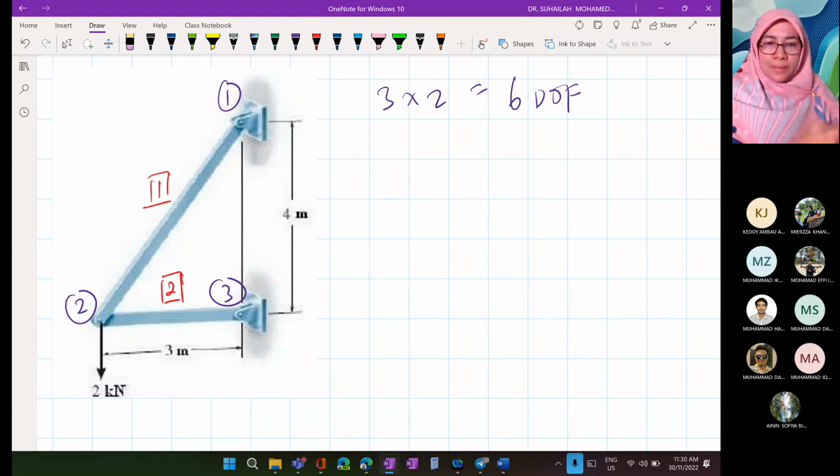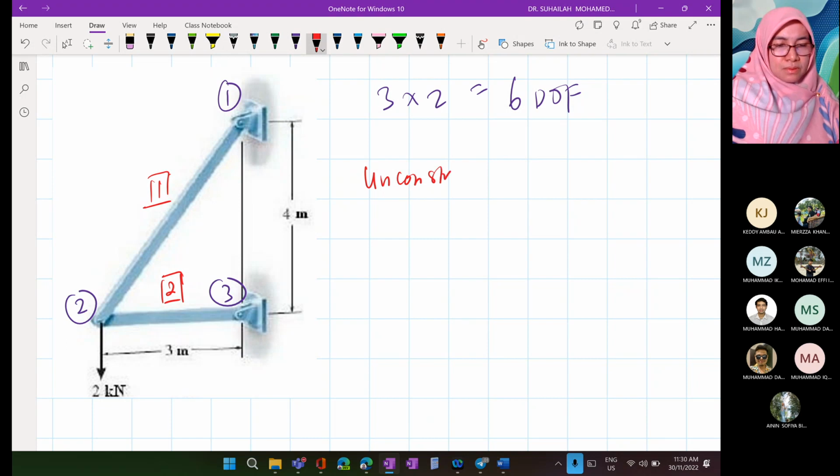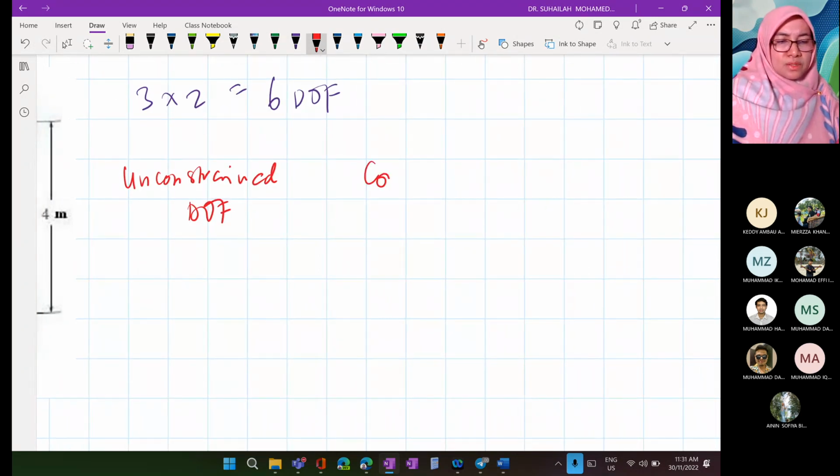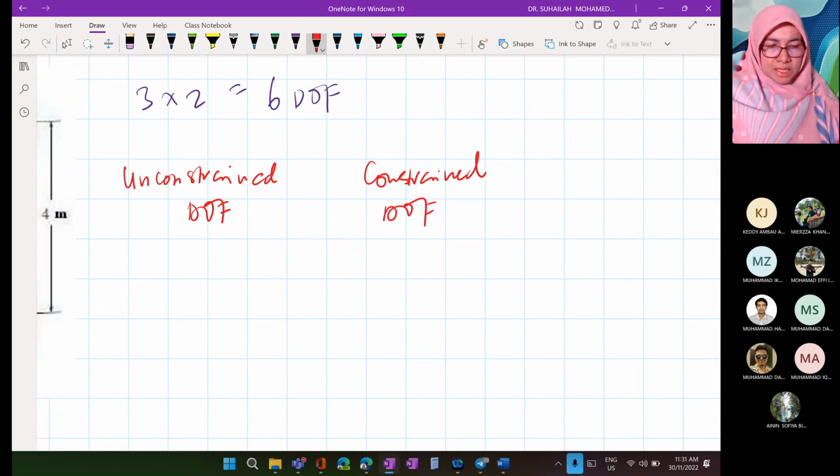In order to label, we have to make sure that we label it correctly. Labeling correctly means we label the unconstrained degrees of freedom first, and only then label the constrained degrees of freedom. The total must be 6.